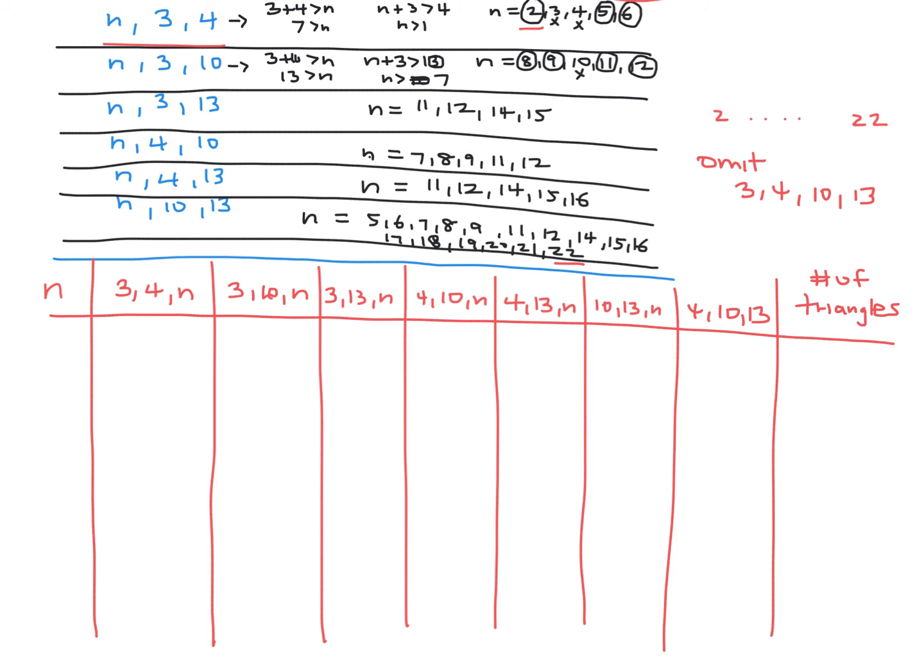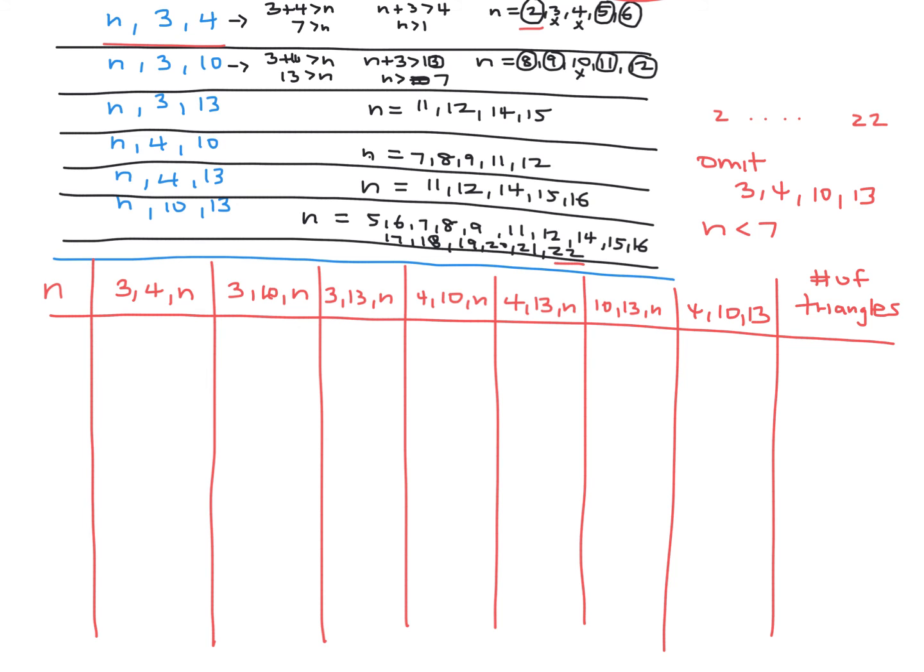Okay, so it's a long list, but the good news is that when n is less than 7, you will never be able to get all four triangles to fulfill the triangle inequality. I encourage you to figure out why.